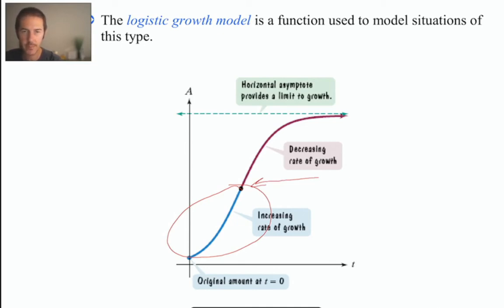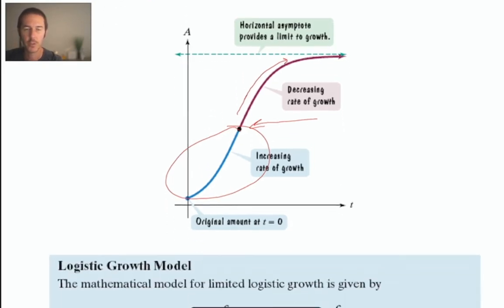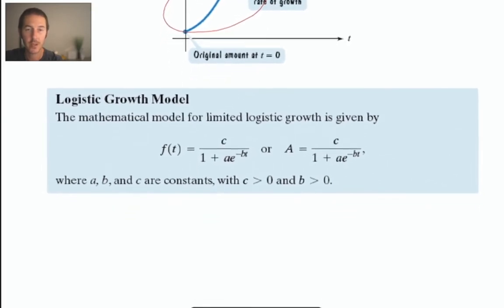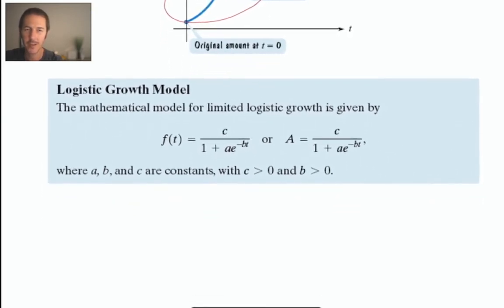The growth is not happening as fast. And in fact, as the growth does continue, the rate of increase in growth starts to taper off a little bit. And in fact, it does plateau just below that horizontal asymptote. So logistic growth models are actually quite realistic. Exponential growth does not last for too long.